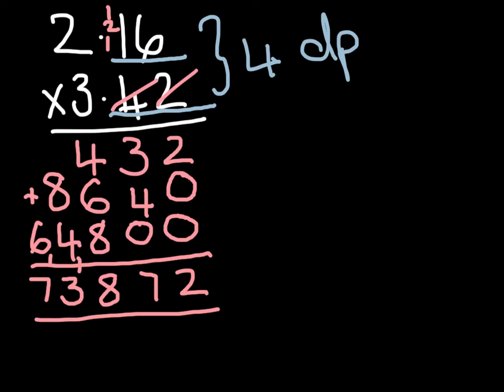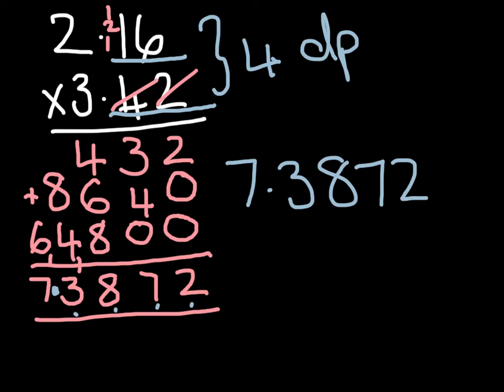So we count. Let's see. 1, 2, 3, 4 in here. So we will make sure that our decimal point goes in there. So our answer would be 7.3872 because we have to have those 4 places after this really important decimal point.